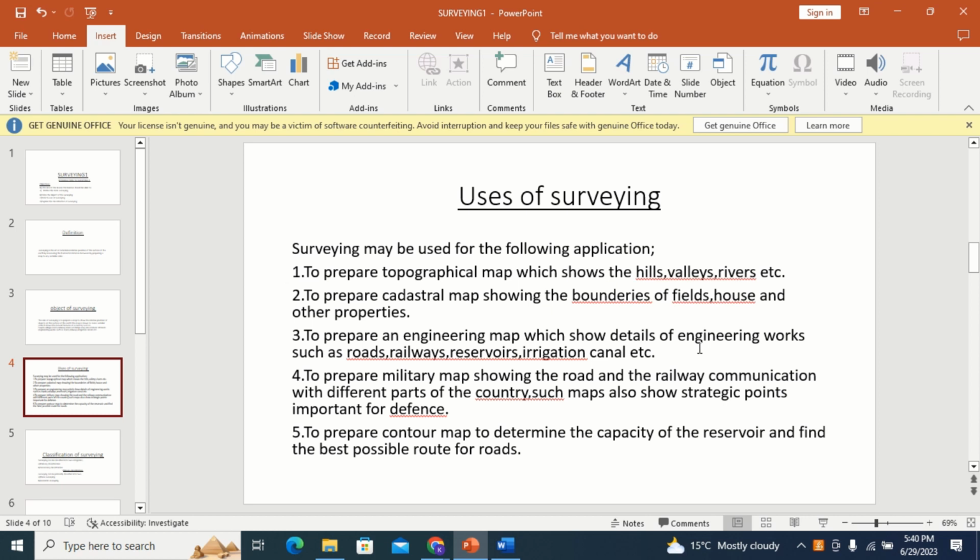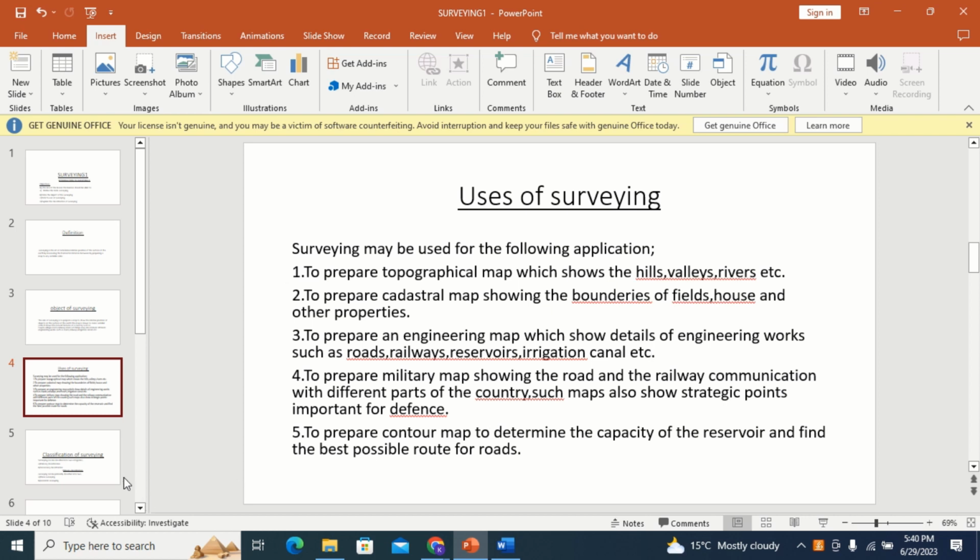Use number 4 is to prepare a military map showing the roads and the railway communication with different parts of the country. Such maps also show strategic points important for defense. Another use is to prepare contour maps to determine the capacity of a reservoir and find the best possible routes for roads.